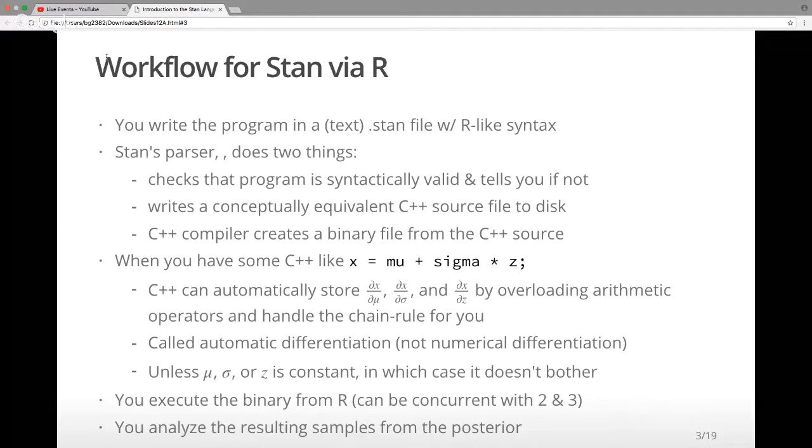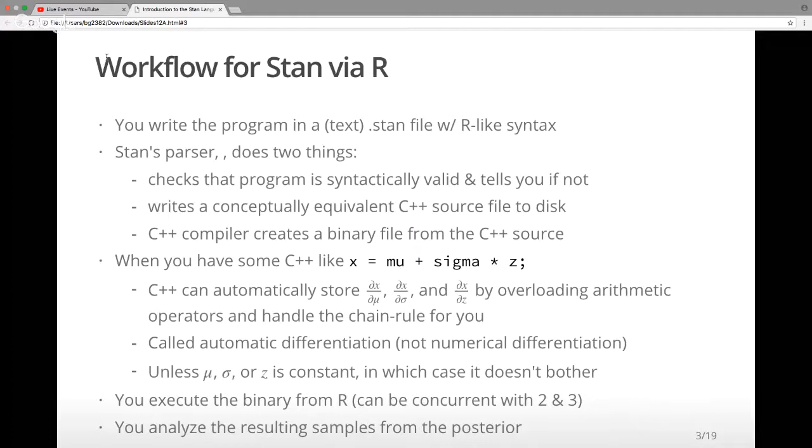Stan's parser, stanc, does two things. First, it checks that your program has the right syntax, and it does a reasonably good job. Well, it always tells you if it's not correct. It does a reasonably good job of telling you where the syntax error occurred, and these days a very good job of not missing any syntax mistakes.